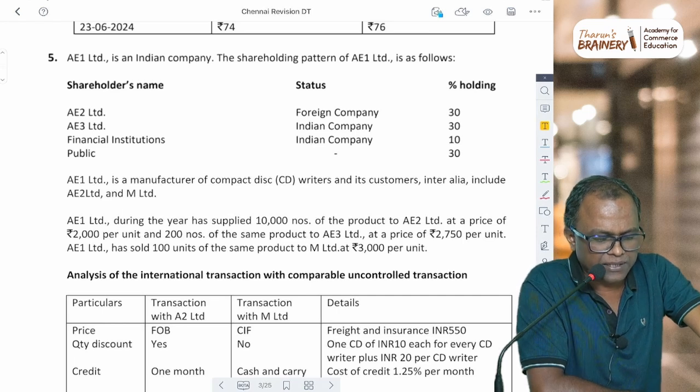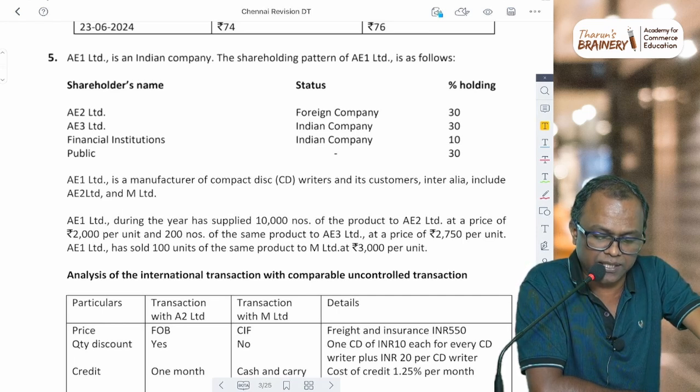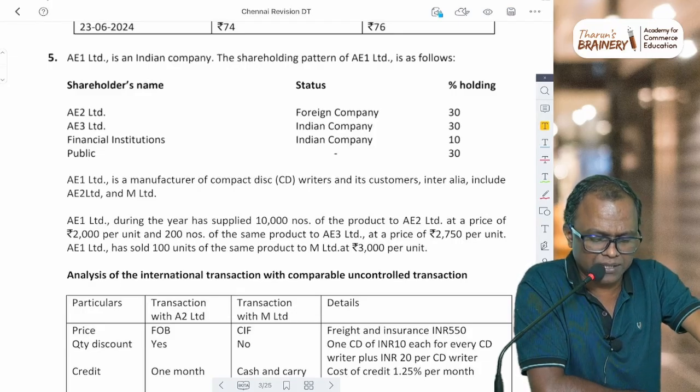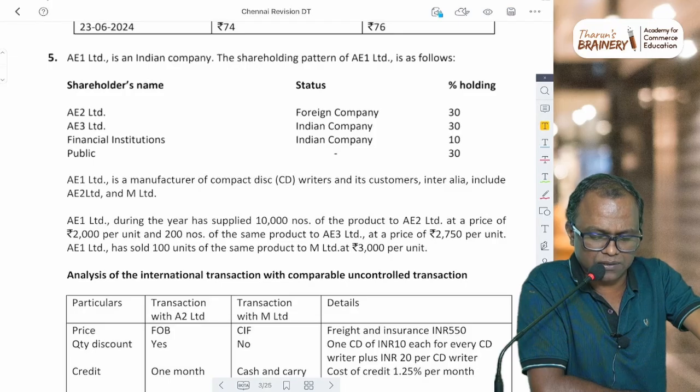Okay. AE1 Limited during the year supplied 10,000 numbers of product to AE2 Limited at a price of rupees 2,000 per unit, and 200 numbers of the same product to AE3 Limited at a price of rupees 2,750 per unit. AE1 Limited has sold 100 units of the same product to M Limited at rupees 3,000 per unit.